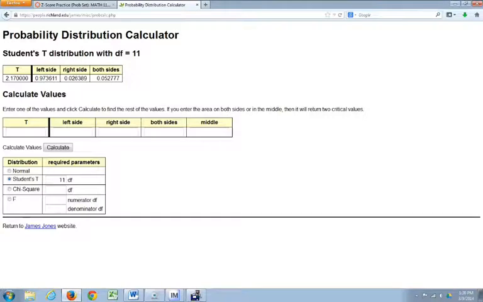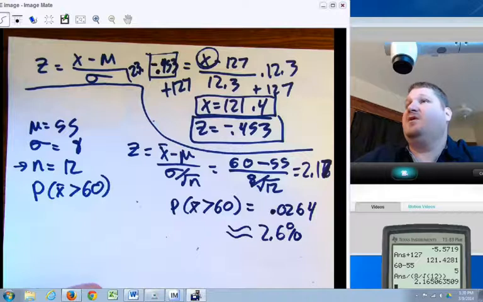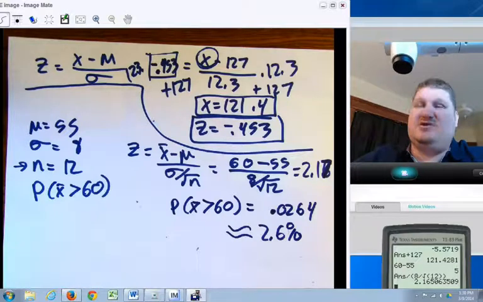So, the probability that x bar is greater than 60 is going to be 0.0264, or approximately 2.6%. Using our probability distribution calculator, we came up with 0.0264, which is approximately 2.6%.